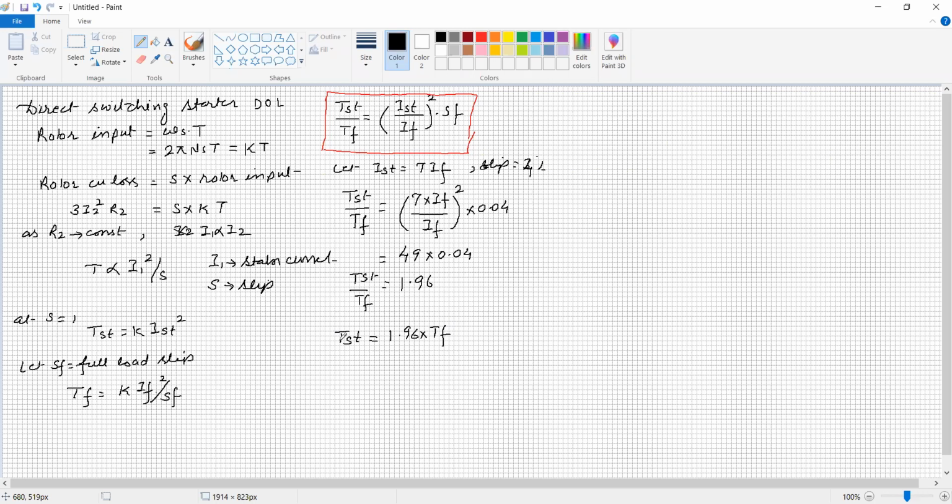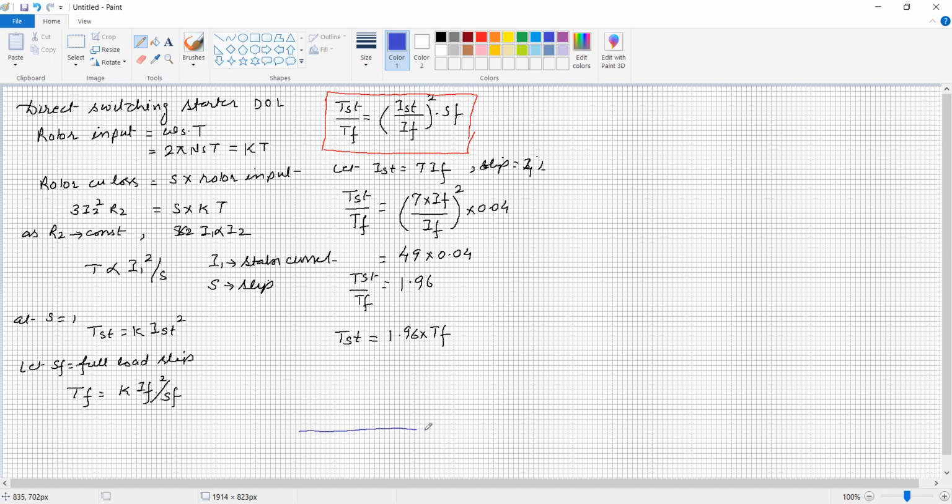Suppose the motor is 50 HP, the current is 75 ampere, and 75 multiplied by 7 is a very large current. Even at a large value of current, the starting torque of a three-phase induction motor is very poor. This is the drawback of the three-phase induction motor.